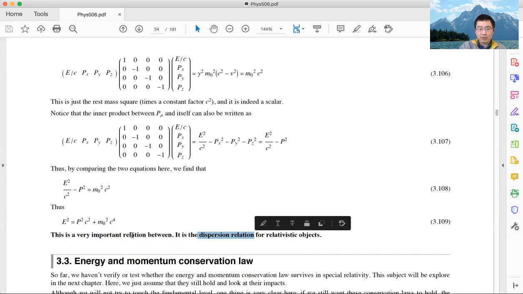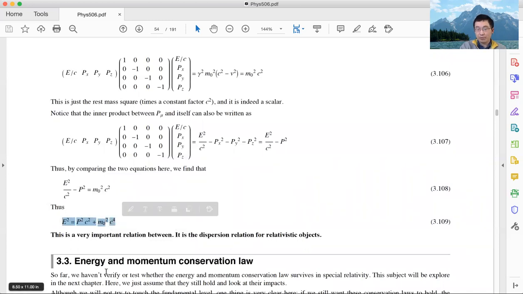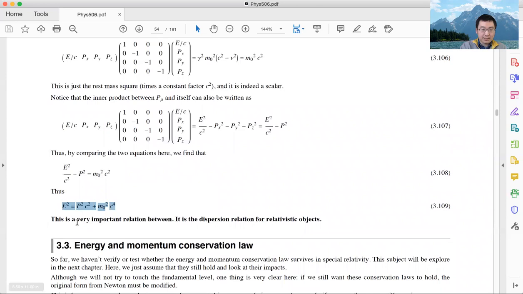The dispersion relation tells me the relation between energy and momentum. If we know the momentum and the rest mass of the object, then we can use this to calculate the total energy of the system. So that's the dispersion relation for relativistic particles.